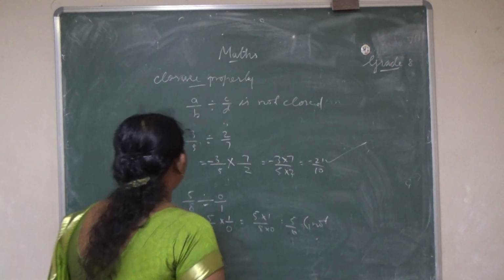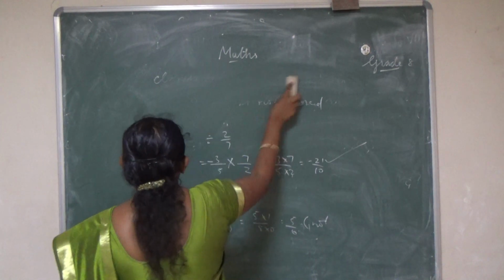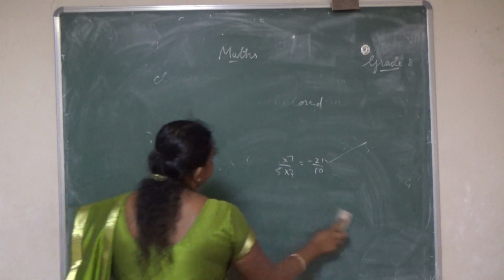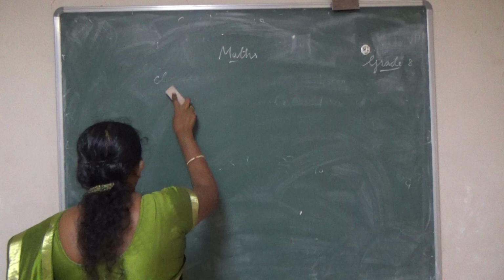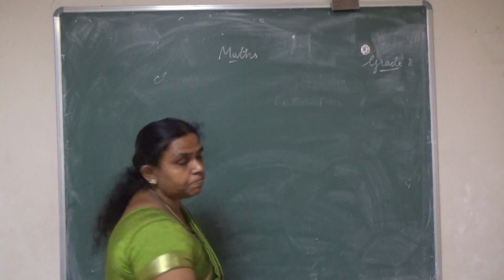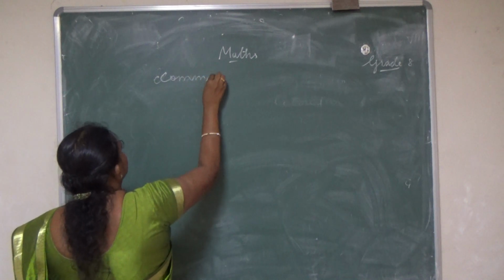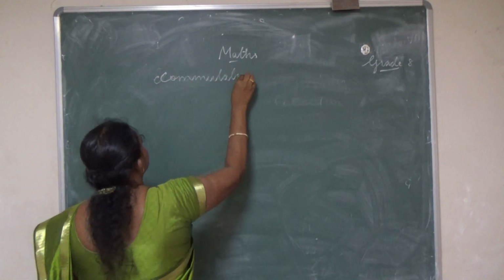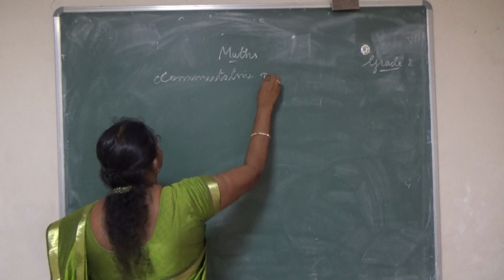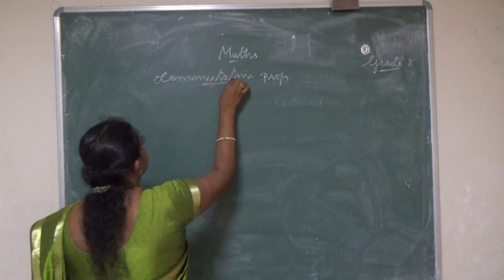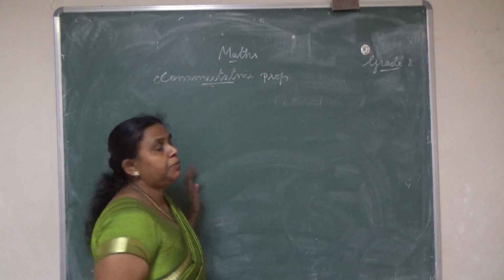Next is the commutative property. Commutative property means what?